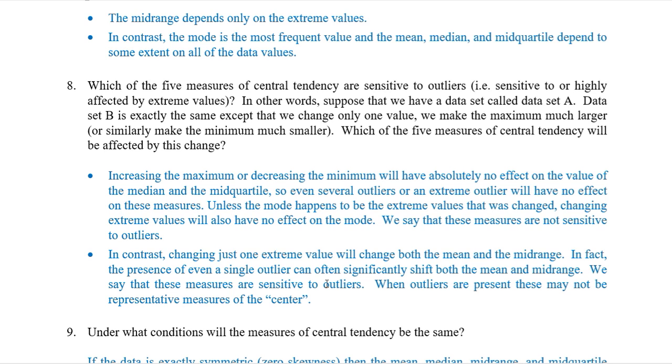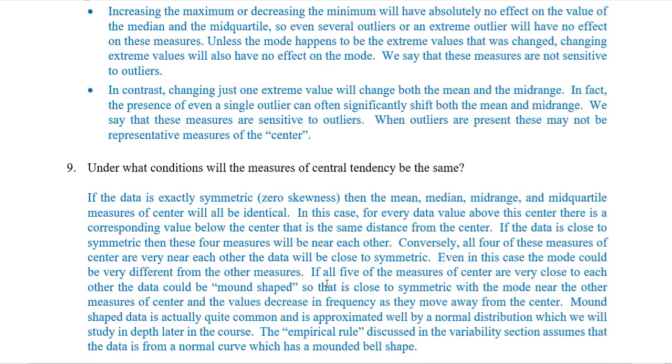Under what condition will various measures of central tendency be the same? If the data is exactly symmetric, which we would say has zero skewness, then the mean, median, mid-range, and mid-quartile measures of center will all be absolutely identical.